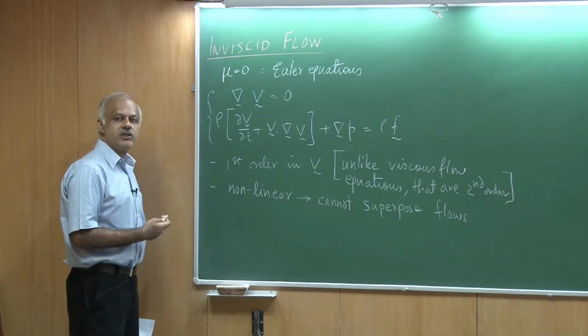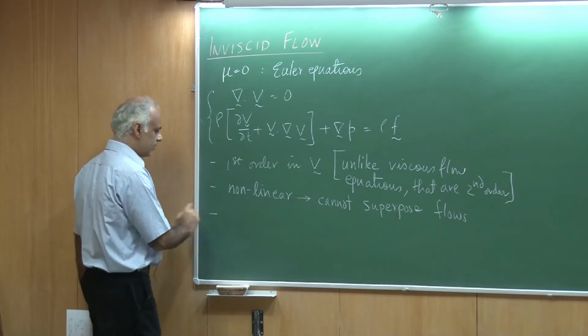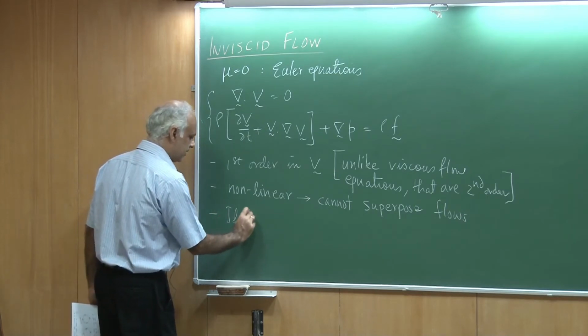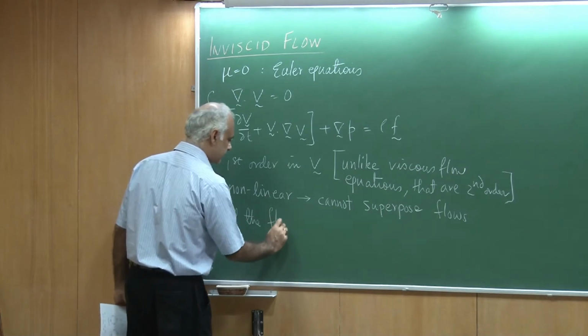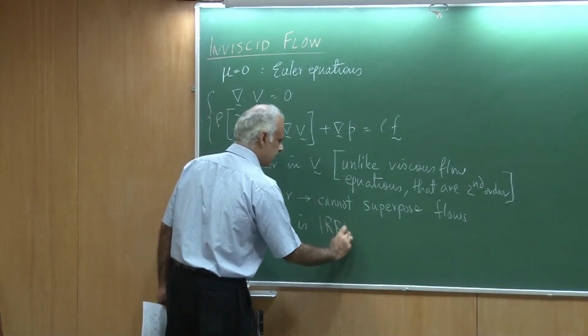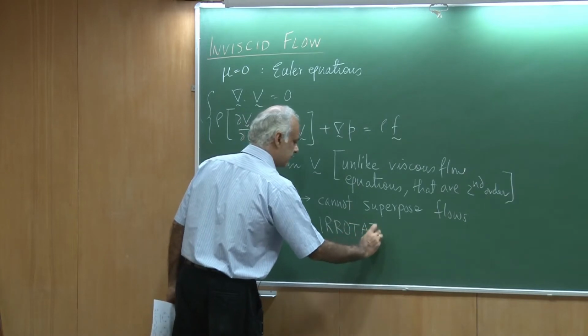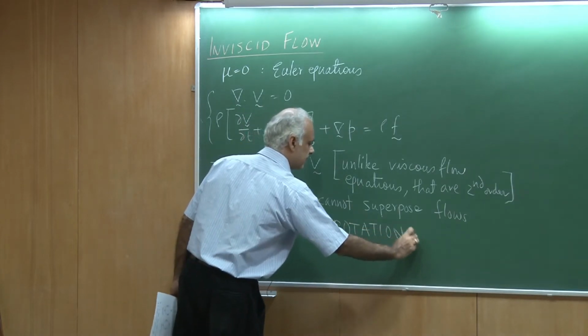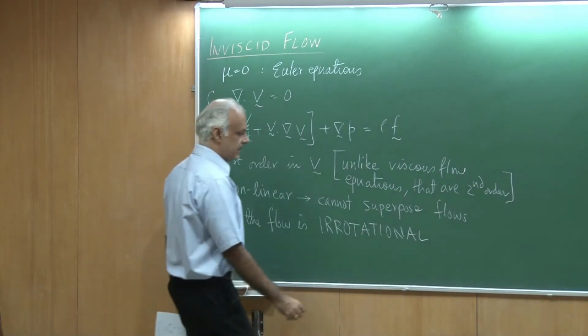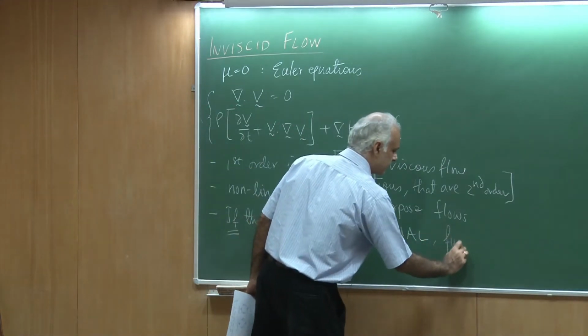So, what can we do further? It turns out, and we are going to see, that if the flow is irrotational, and that is an if, then further simplification is possible.